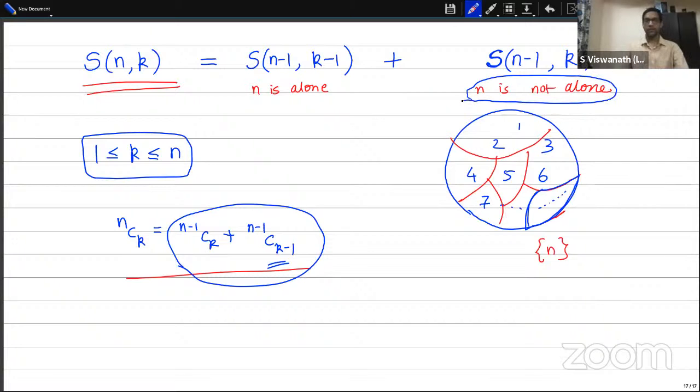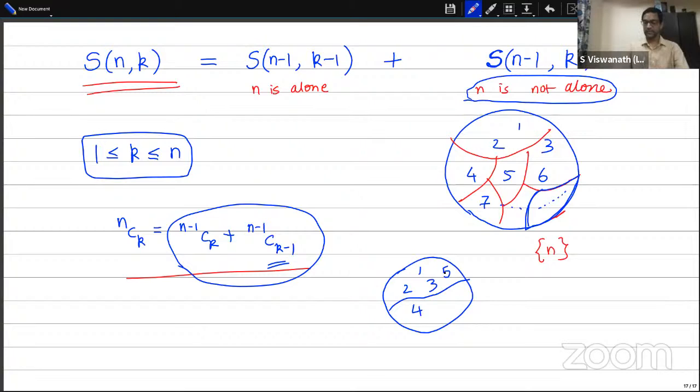Why? Observe, if my original partition was 1, 2, 3, 4, 5, and maybe 5 occurred together with the 4. So if I delete the 5, what I'm going to be left with is 1, 2, 3, and 4, right? So this is what I will get. But what if 5 occurred in the other block? Suppose this was my original partition, 1, 2, 3, 5, and 4.